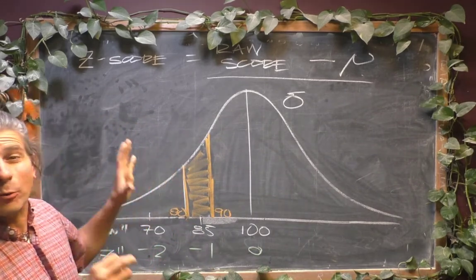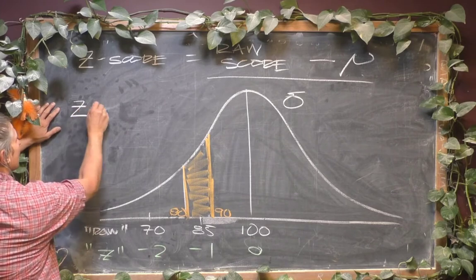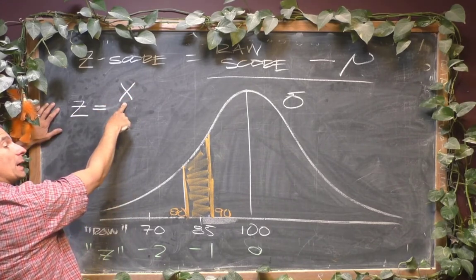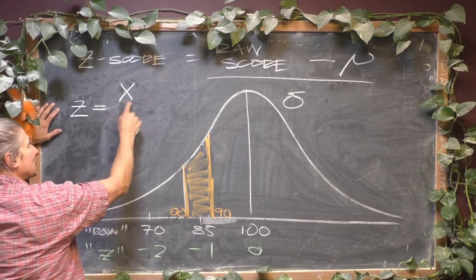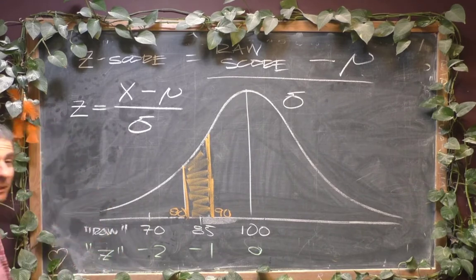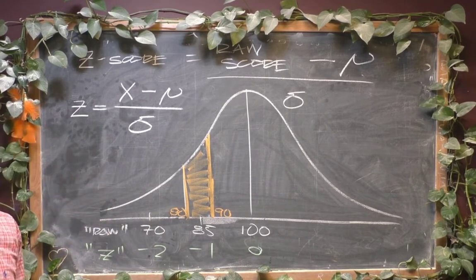Now, that's a very wordy way of writing it. Another way of writing it is just z equals raw score, which is x. We'll use that x from a random variable. X minus mu over little sigma. I'm not a huge fan of making this class be about formulas, but that one's going to come in handy.